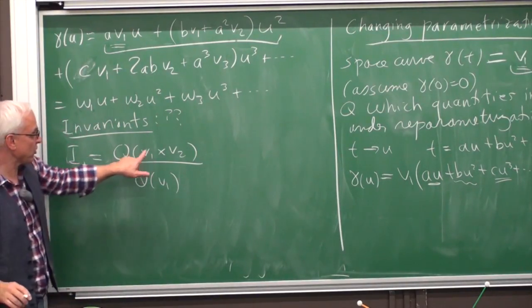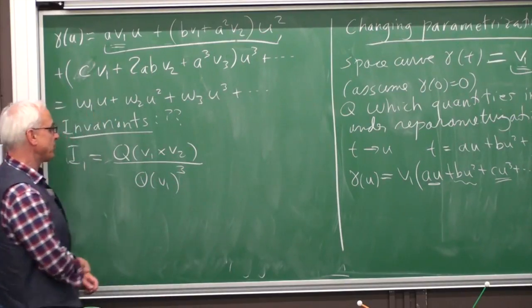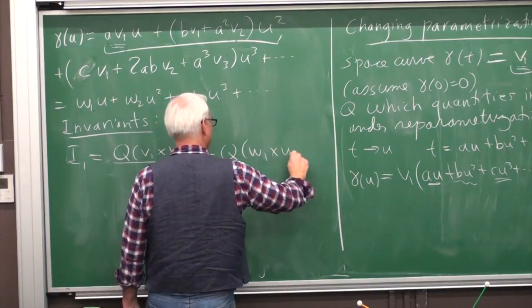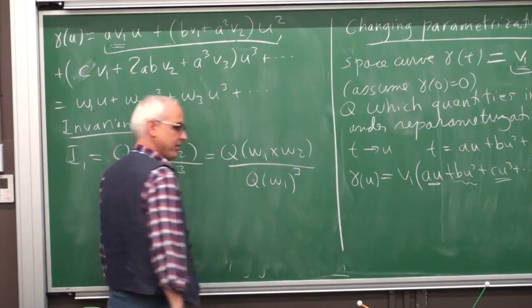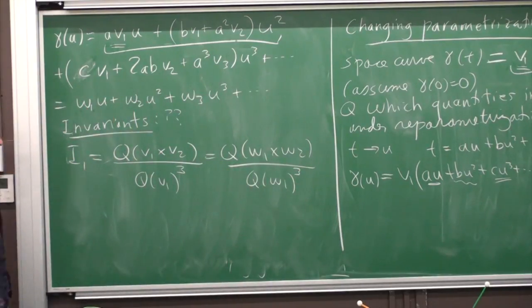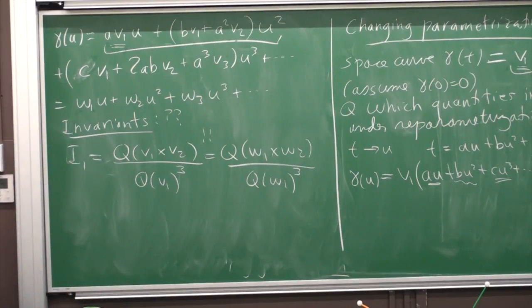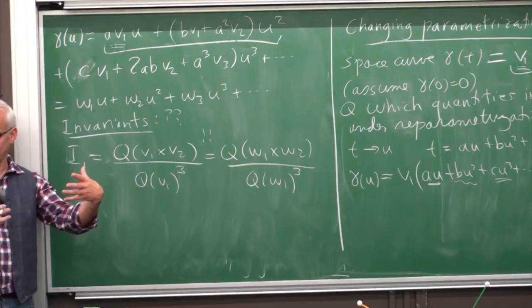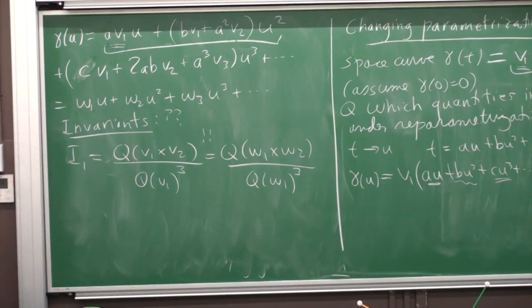So in other words, if you calculate the quadrants of V1 cross V2 over the quadrants of V1 cubed, that's the same as the quadrants of W1 cross W2 over the quadrants of W1 cubed. They're the same. So that particular quantity is invariant under this general change of coordinates.